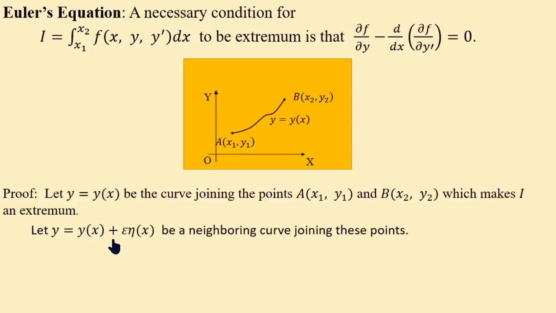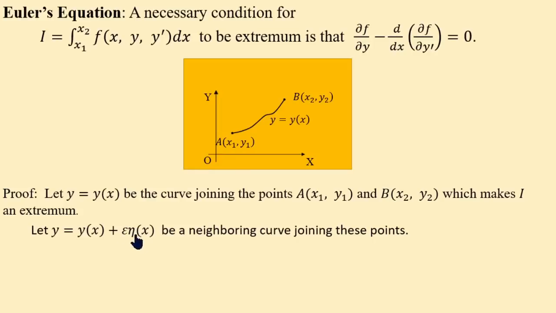Let y equal to y of x plus epsilon eta x be a neighboring curve joining these points. Epsilon eta x gives the neighborhood of this curve. That means, joining A and B, I am going to take one more curve very close to y equal to y of x. To separate this curve, I use one more function of x, eta x, defined from a to b.